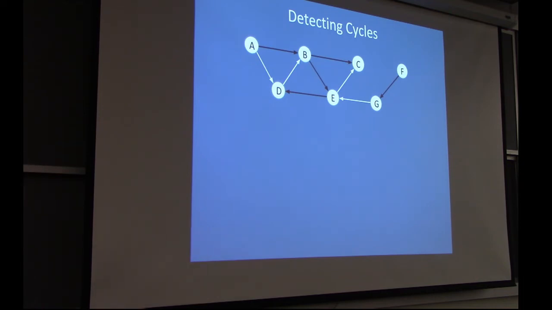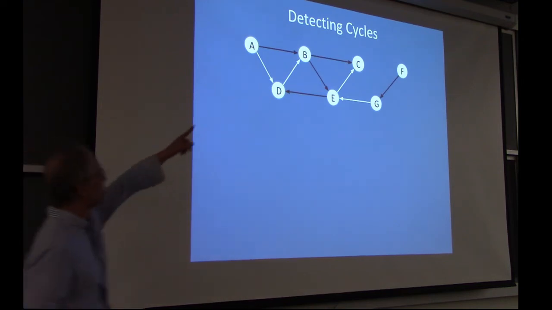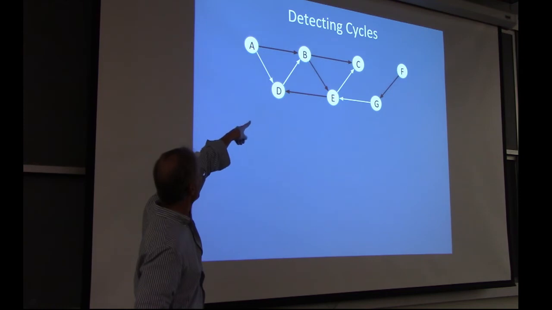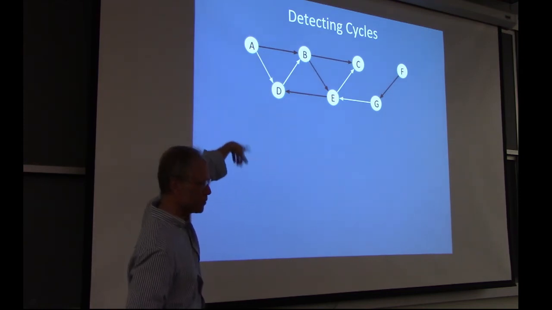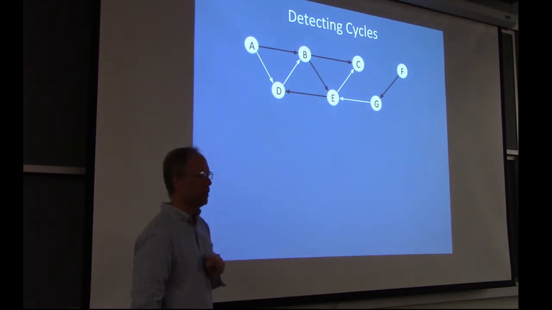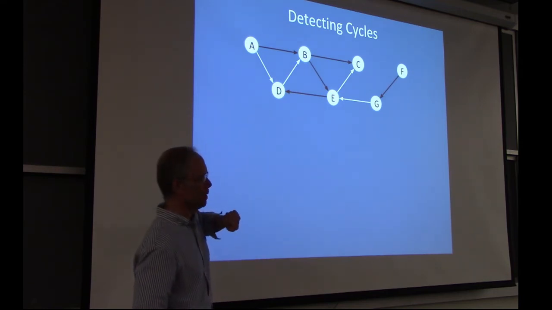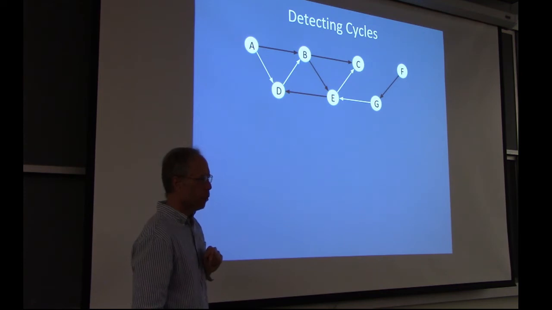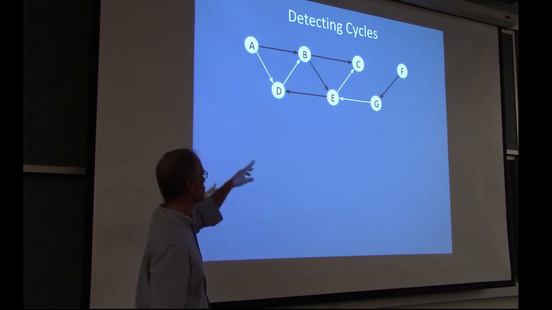Now, as you're doing the depth first search, how can you detect a back edge? Think of that edge from D to B. For that edge to be a back edge, B would have to have a pre-time, but not a post-time. So when we visit B, it'll get a pre-time. Then we visit D, it'll get a pre-time. Which will get a post-time first? D has to get a post-time first, and then B will.